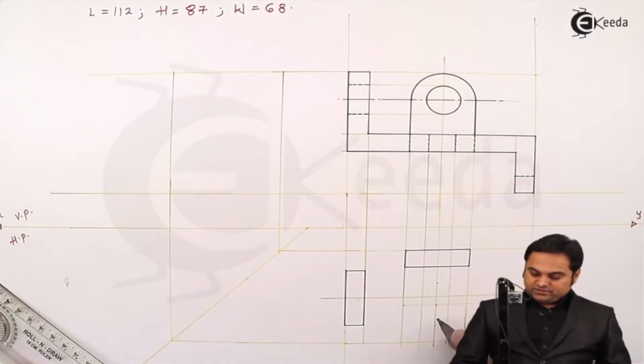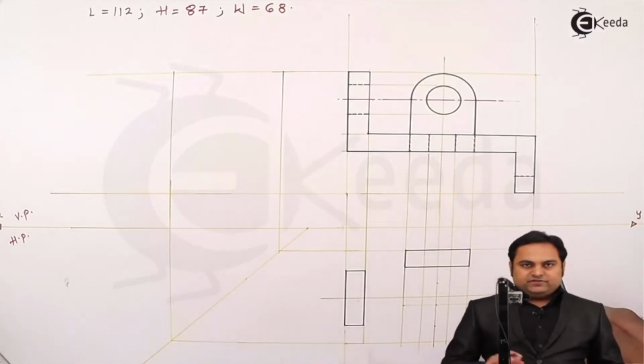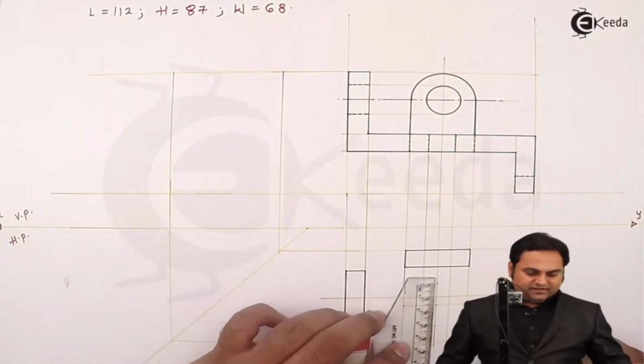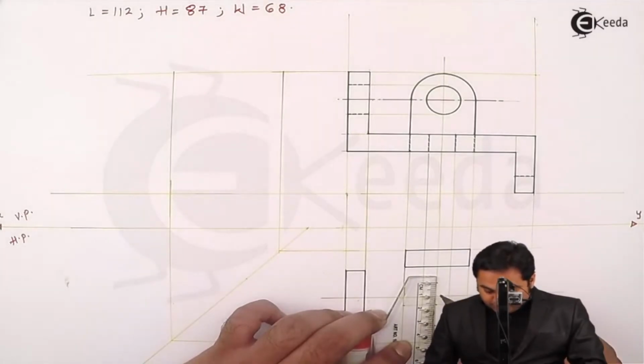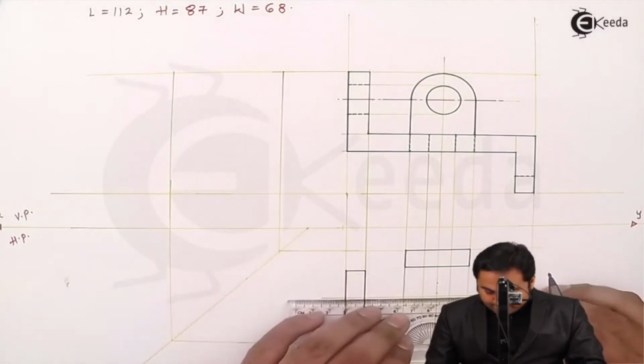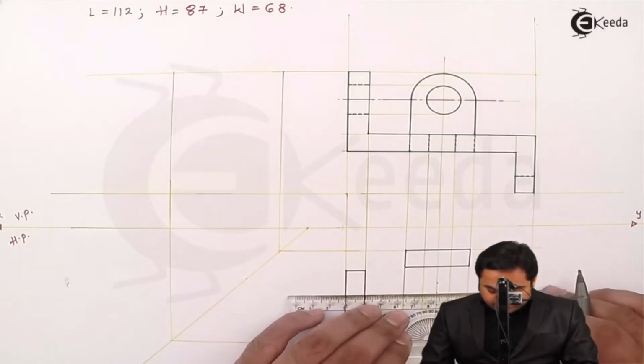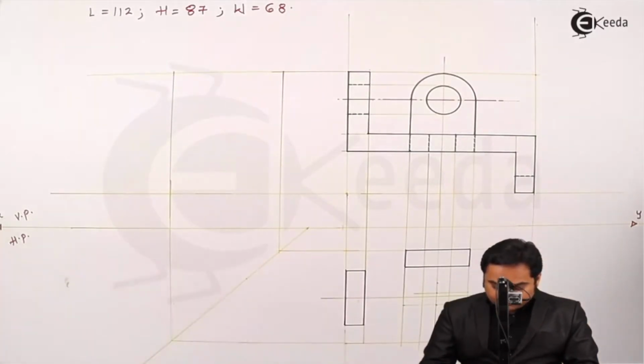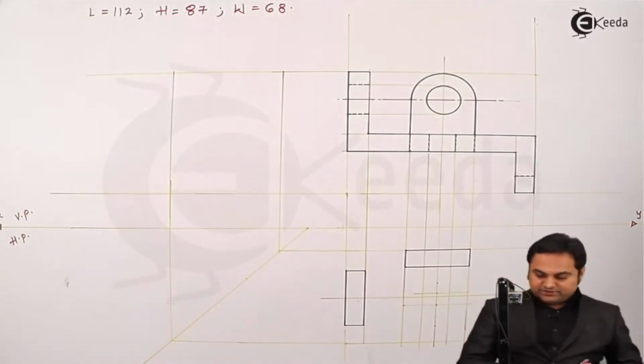Means within these points the surface should end, and it has a radius of 8. So from here I'm marking radius 8 and then drawing a light horizontal line through it. Then I'll measure that.